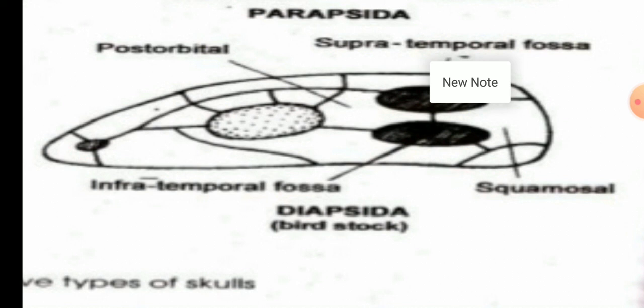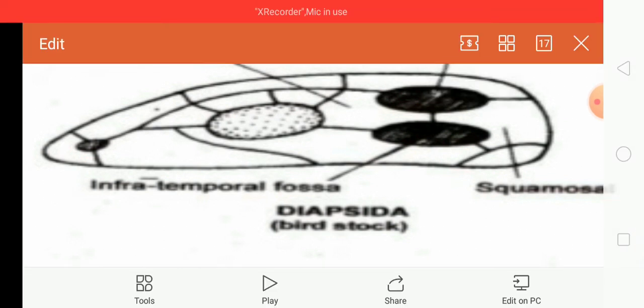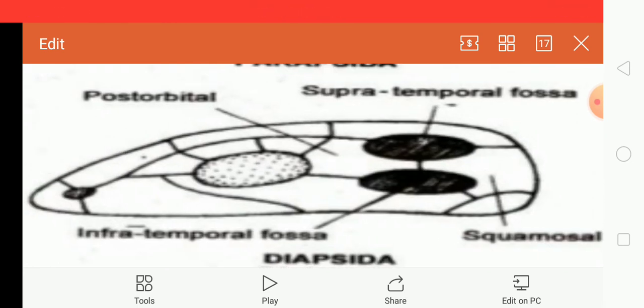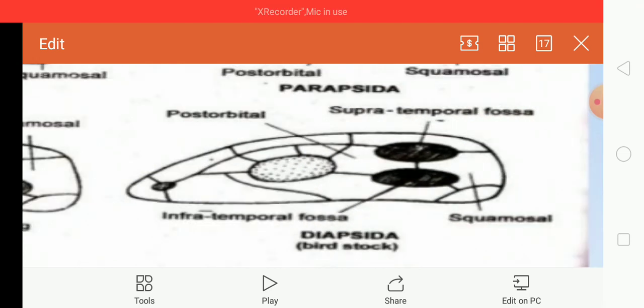Its feature is the presence of two fenestrae. The difference between Diapsida and other skulls is the presence of two fenestrae or fossae. One is the supratemporal fossa and another one is the infratemporal fossa.